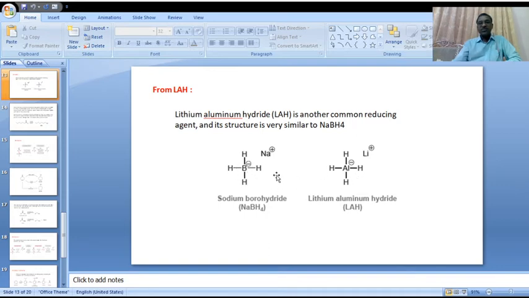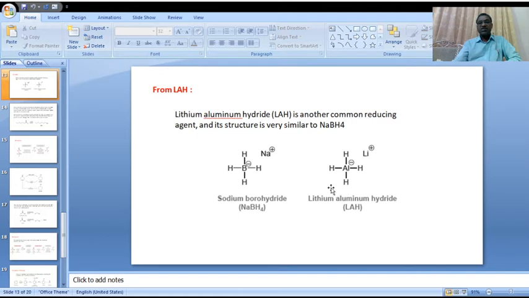Around this negative charge is the positive sodium; here around the negative charge is lithium, always lithium plus.